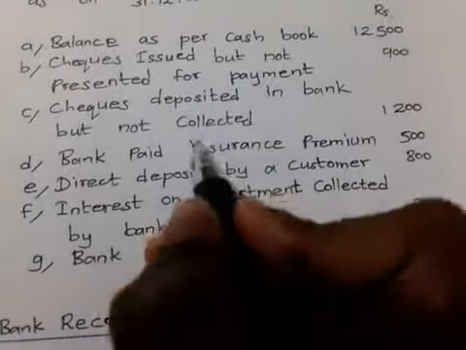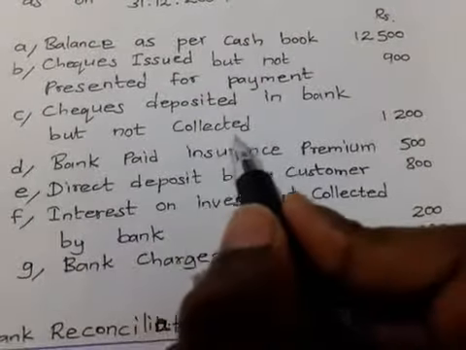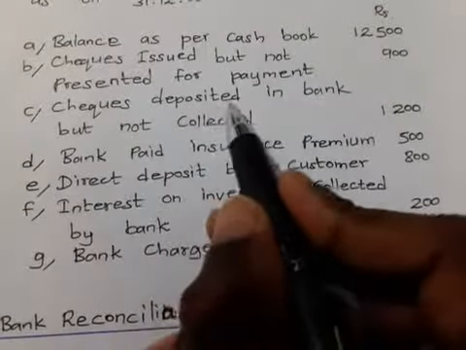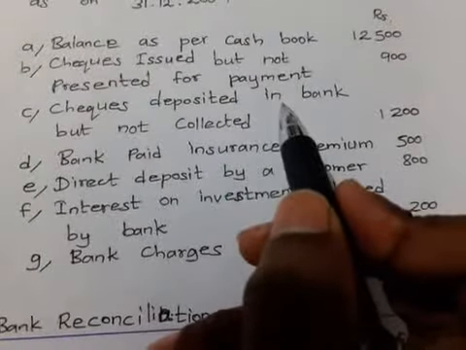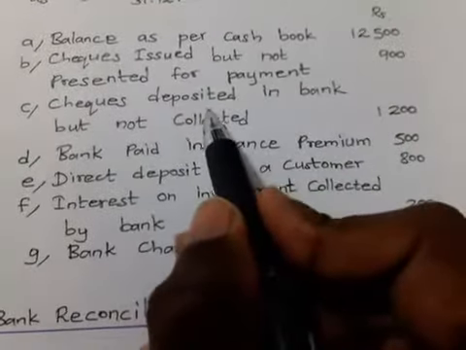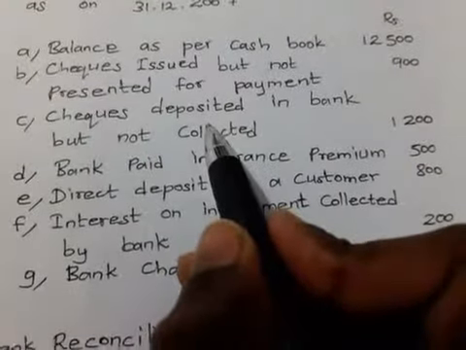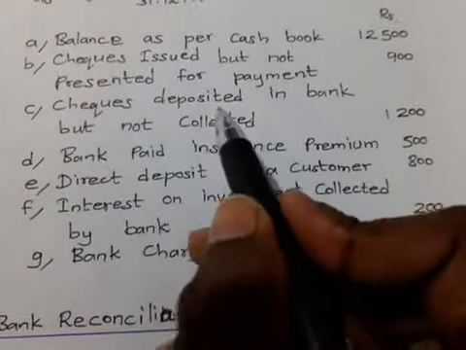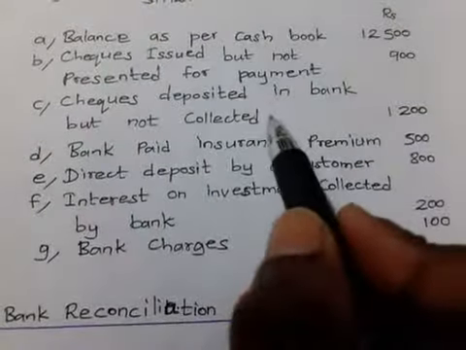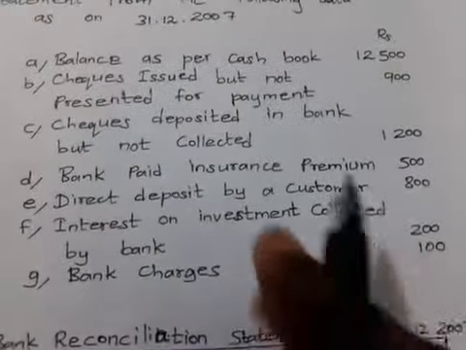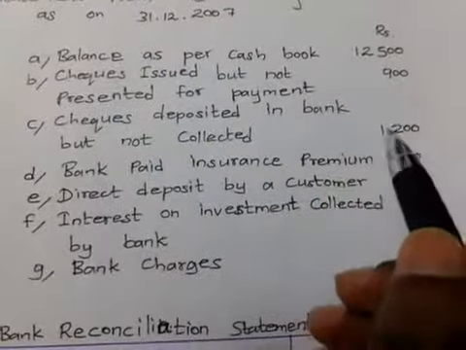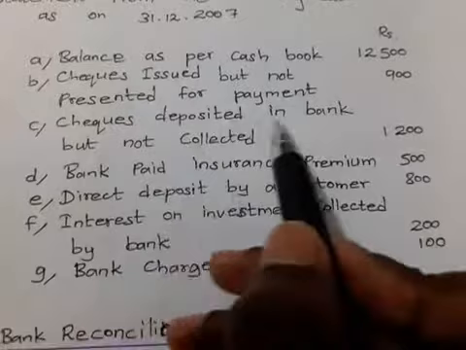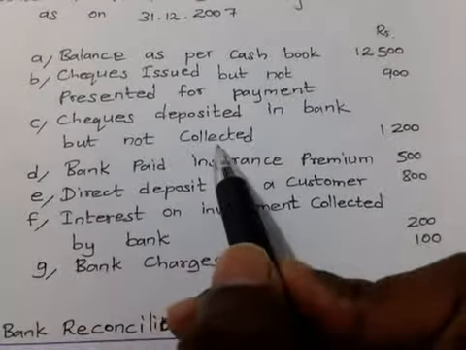And the other one, checks deposited in bank but not collected. When a firm deposits a check to the bank, at that time it increases its bank balance. So at the time of depositing the check, the firm increases its cash book. It adds that amount to the cash balance. So it's already added in the cash book balance. So we have to deduct this amount to find out the passbook balance, because of checks deposited into the bank but not collected.